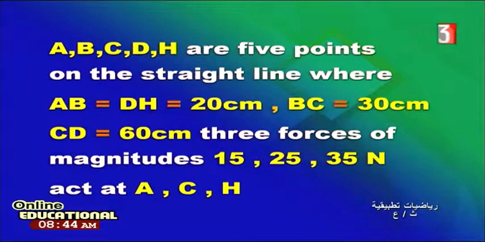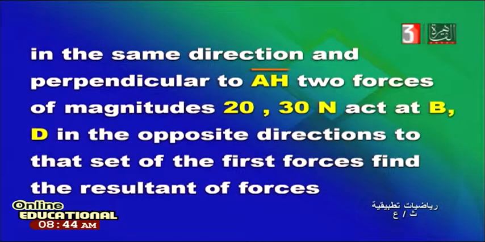Three forces of magnitudes 15, 25, 35 Newton act at A, C, H in the same direction and perpendicular to AH. Two forces of magnitude 20 and 30 Newton act at points B and D in the opposite direction to the first forces. What is required? The resultant of these forces.